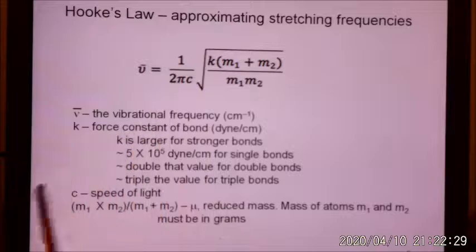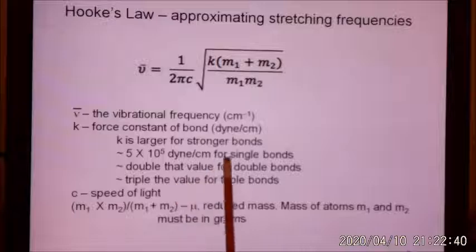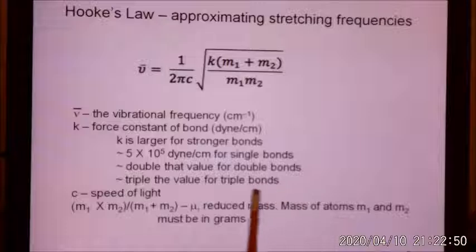K is our force constant for the bond, in dynes per centimeter. Not surprisingly, it's stronger for double bonds and even stronger for triple bonds. If it's about 5 times 10 to the 5th dynes per centimeter for single bonds, then it's about double that value for double bonds and triple that value for triple bonds.